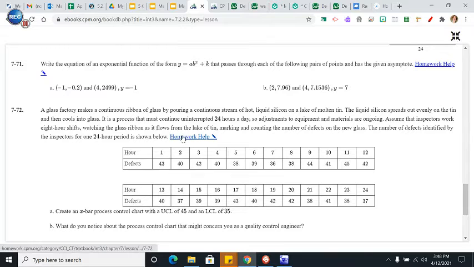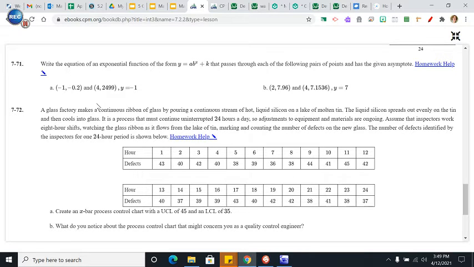Okay, it says write the equation of an exponential function of the form y equals a b to the x plus k. And I should have included that asymptote from the very beginning and not tried to adjust it at the end.